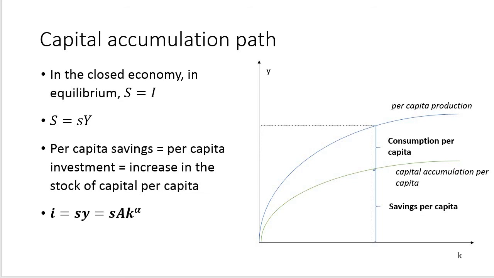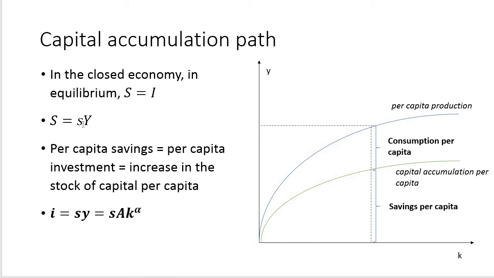Okay, as we mentioned before, we assume that economy is closed and we have equilibrium on the market of goods. So saving is equal to investment, or investment is equal to saving, whatever you prefer. And we also assume that total saving is equal to savings rate multiplied by output.